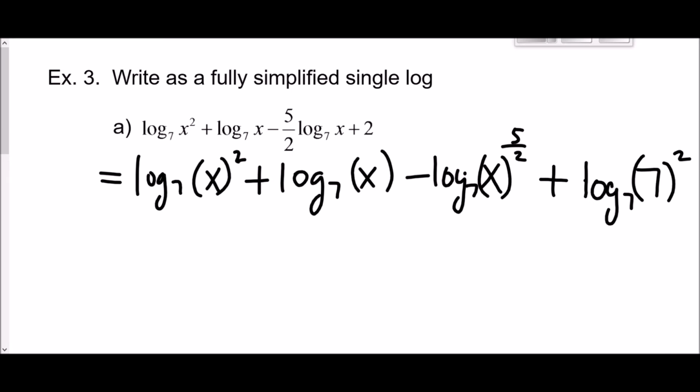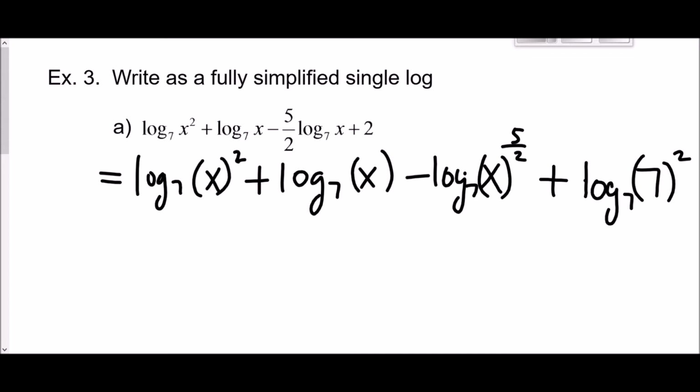You might be wondering what's going on. Remember, if we have something like this, same base for the logs and same base for the exponent, then we can cancel that out. Now what do we end up with? 2. So instead of having just 2, I rewrite that as log base 7 of 7 squared.